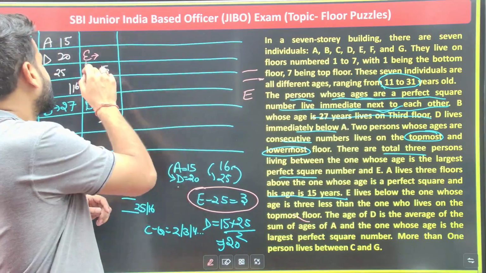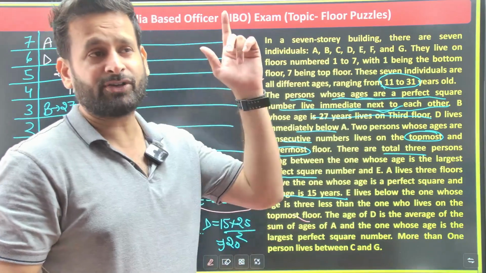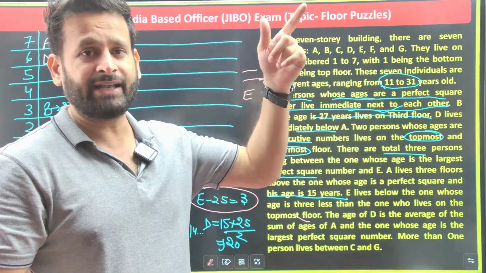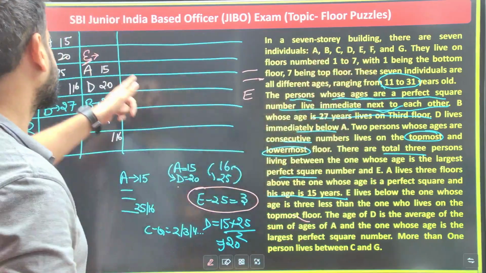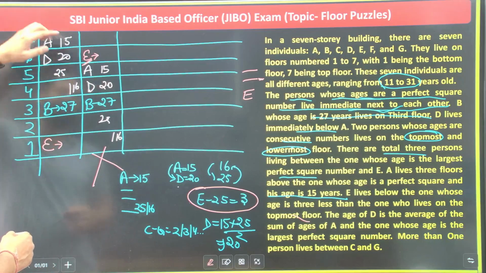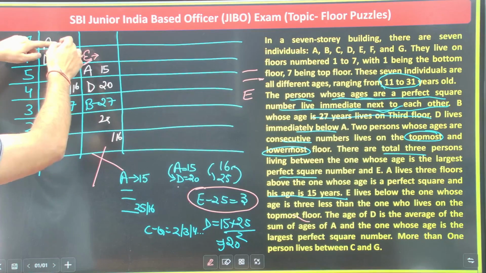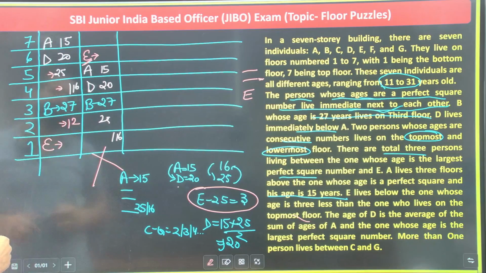But here you will see that E has just 1 person above. Now E is living below the top person, and the top person cannot have an age 3 less than the top person itself. That means this case is wrong. E lives below the one whose age is 3 less than the top. On top is 15, and 15 minus 3 is 12. This will be 12. Is it okay?